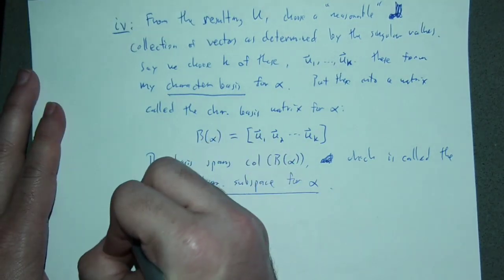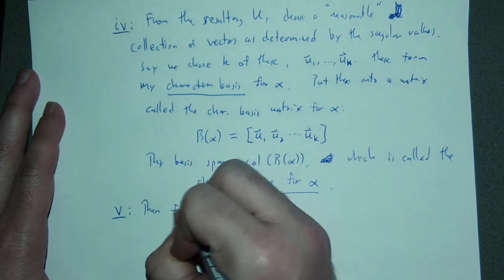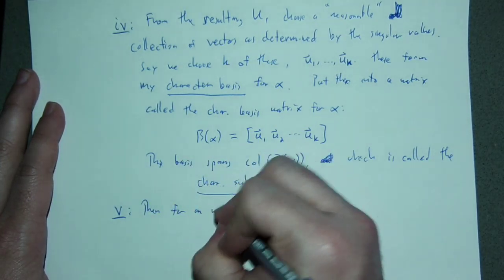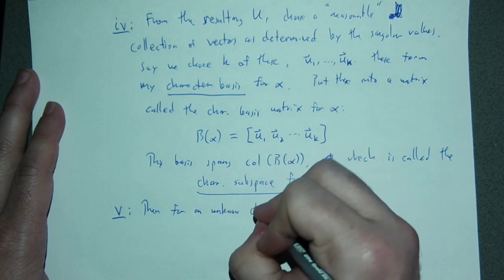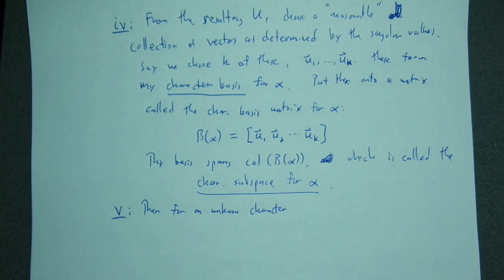Thus, this is the last step, step 5. For an unknown character, say beta, we could put it in a vector x.